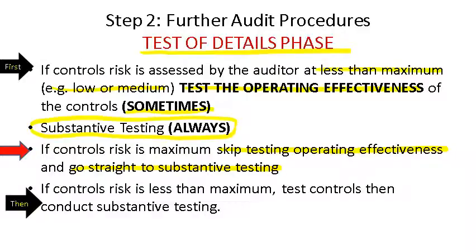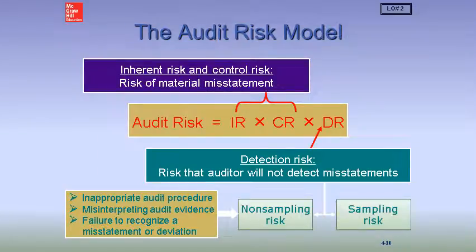Now, this part we're going to talk about more in chapter 5 that you see on this slide now. Really, the balance of our discussion for chapter 4 here is going to be filling in details under step 1. So, let's go ahead and see how we are going to consider various factors in making that assessment of the risk of material misstatement.